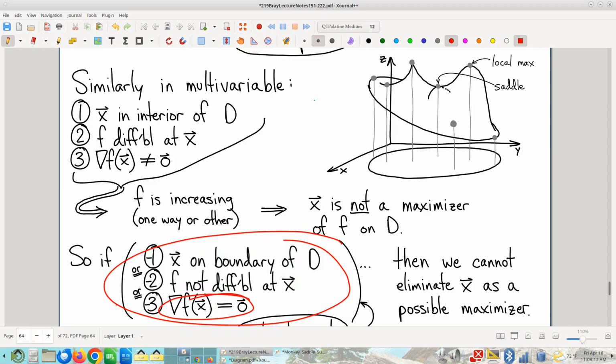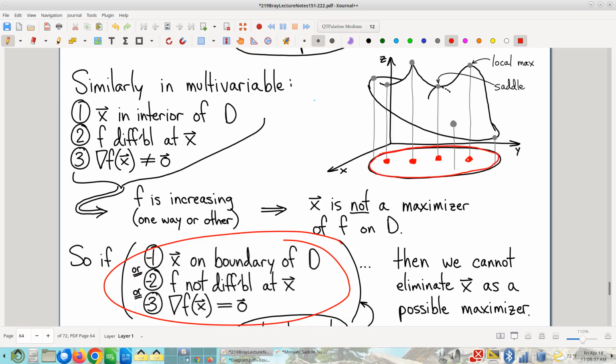So, we can eliminate everything except for these points, such as, again, differentiability problems, flat points on the graph where the gradient is 0, such as that and that, and boundary points.